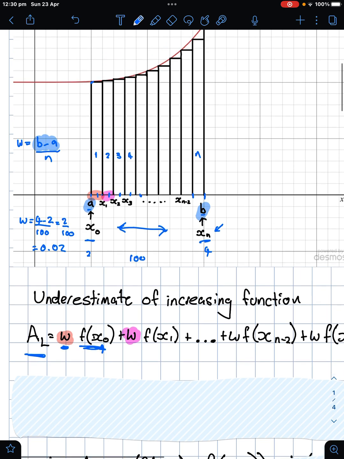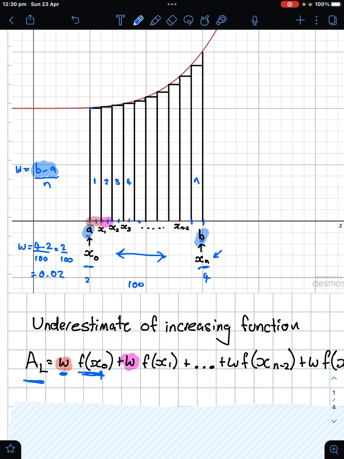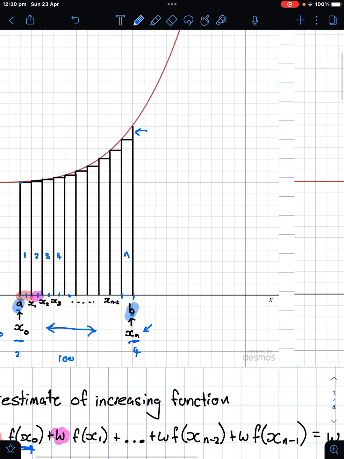When we do these rectangles, you'll notice in the calculation we don't actually use the xn one. This value here of f of xn, we don't use in this one because it's the underestimate.